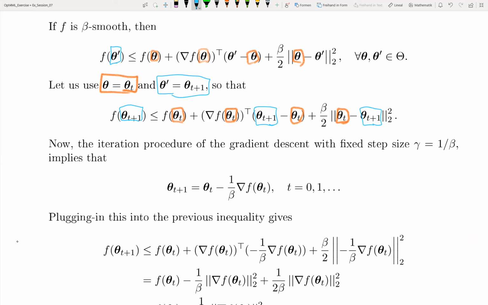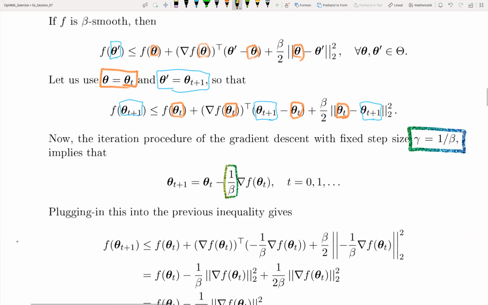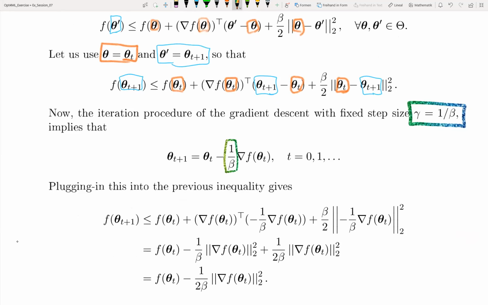And the step size we use is 1 over beta. This is what we have here. So plugging this in, what do we get? The left-hand side with theta t plus 1 stays the same. This is how we want it. The theta t is here also untouched.